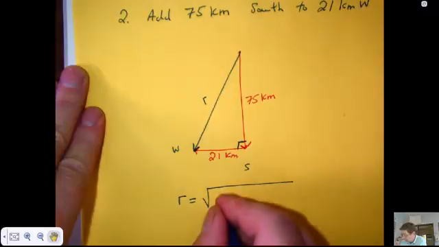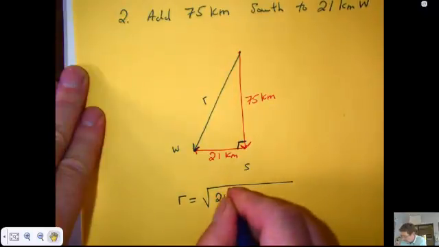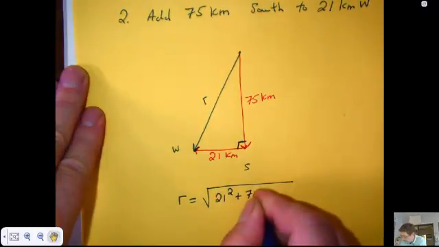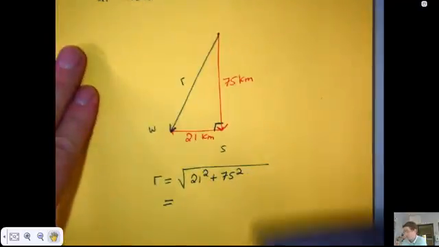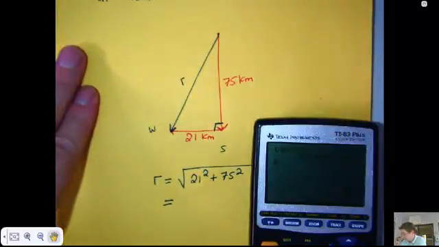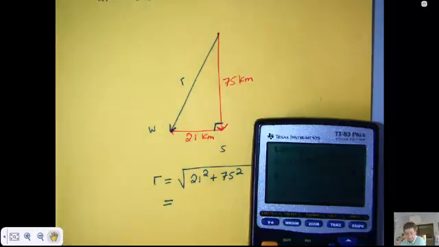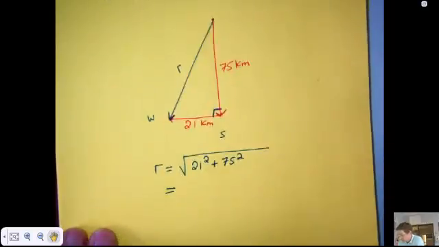It's the square root of the sum of the squares, the hypotenuse. Once again, I wasn't very careful. I guess we go 2 significant digits on this one. 78 kilometers.